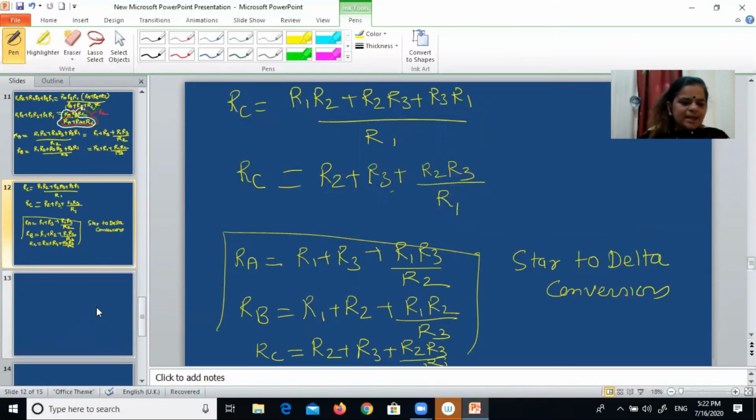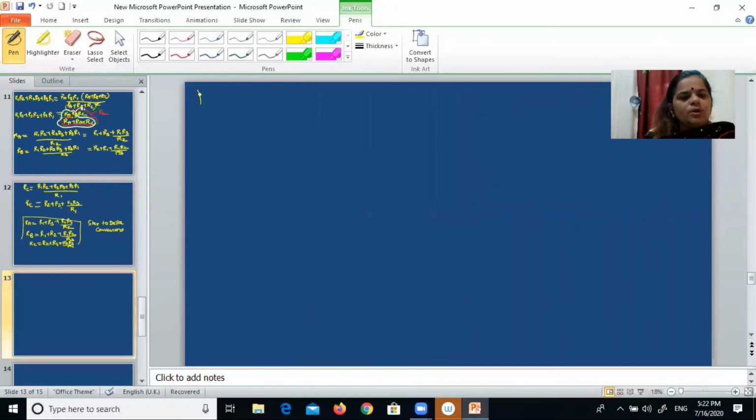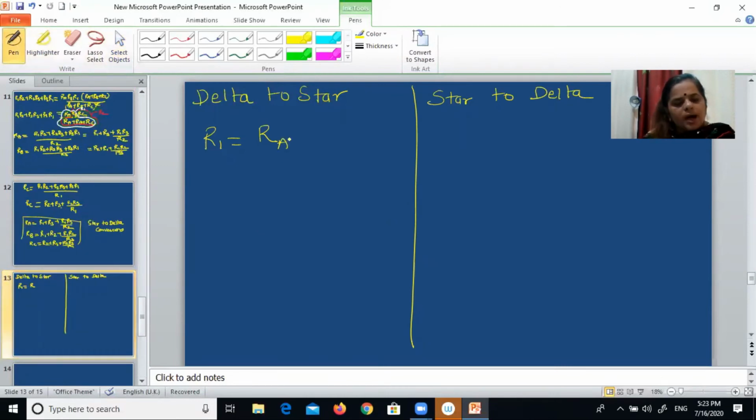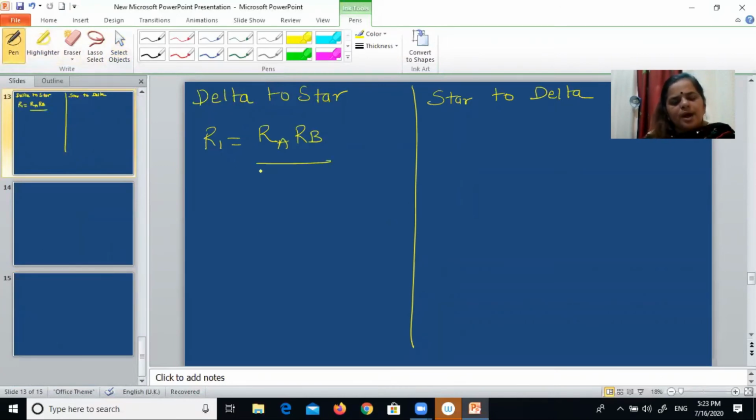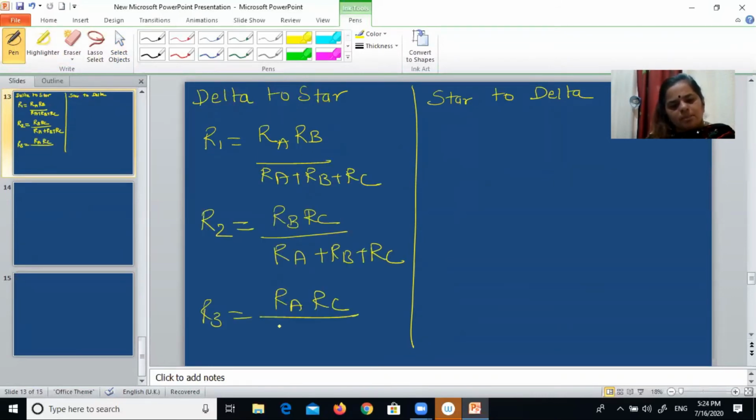So at last I can conclude, if I want to convert delta to star, R1 is equal to RA RB divided by RA plus RB plus RC. R2 is equal to RB RC upon RA plus RB plus RC, and R3 is equal to RA RC divided by RA plus RB plus RC.